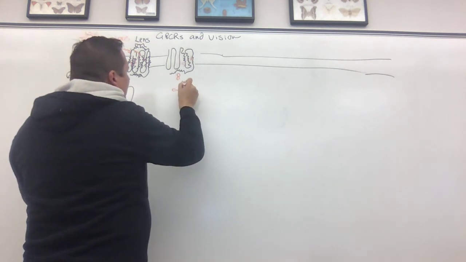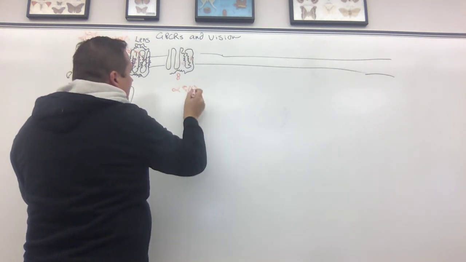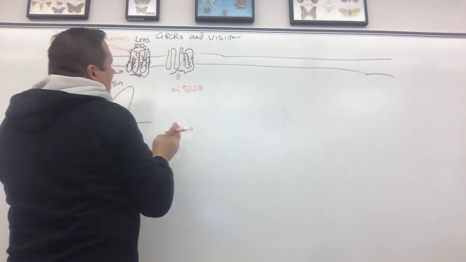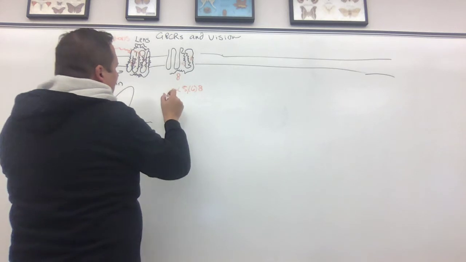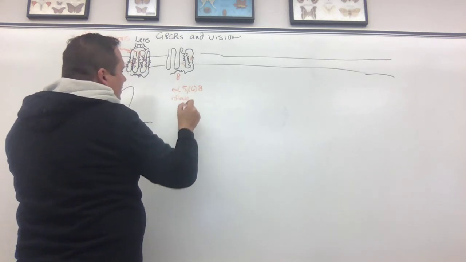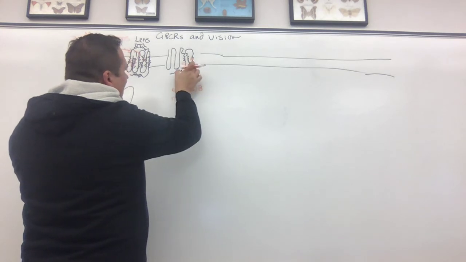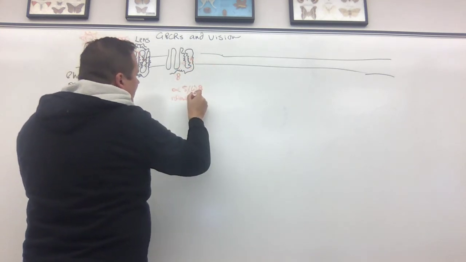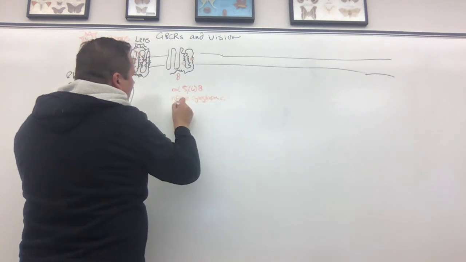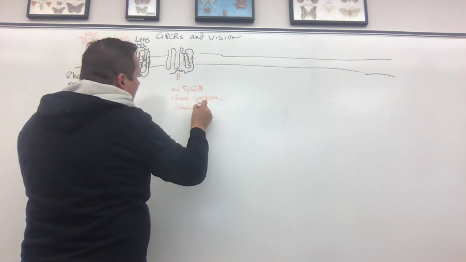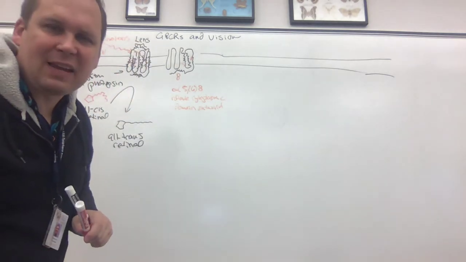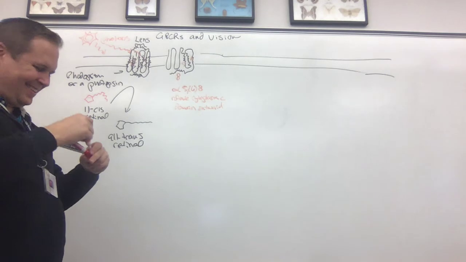Alpha helix 5, 6, because it's attached to 5, and 8 are going to rotate so that the cytoplasmic side is going to move outwards. Yeah, so let's rotate the cytoplasmic domain outward. Yeah, all right.